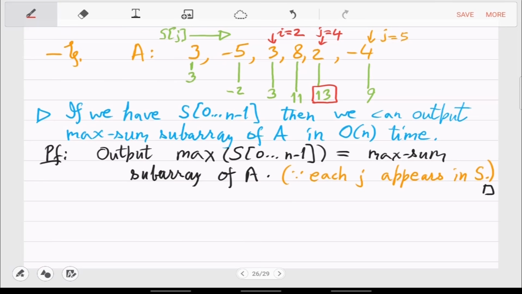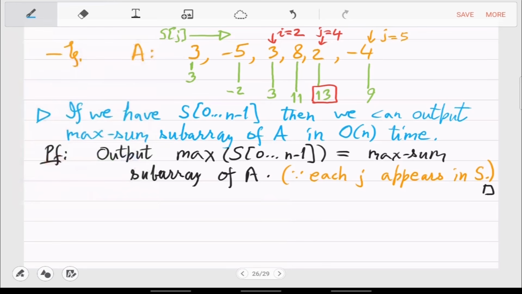So what is the prefix starting point? That you can store in an extra array. Both S and the big I array will give you the exact interval also, if you wanted.